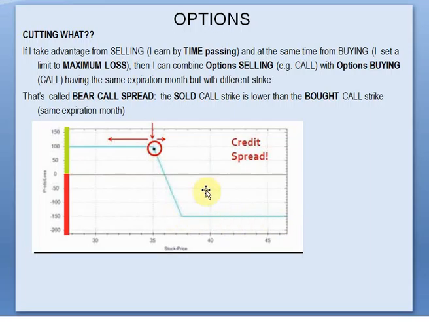Then I'm combining the option selling the call with option buying call, with same expiration month, but with strike is different. Here is the strike for selling option, that's the strike for buying option, the call in this case.